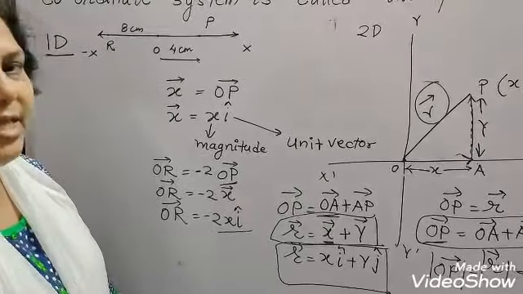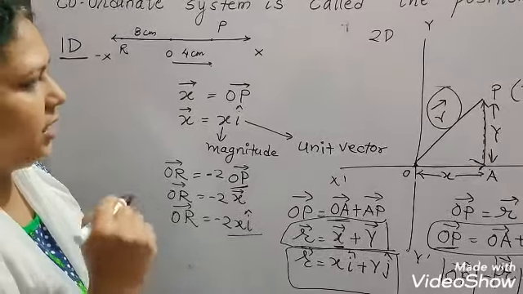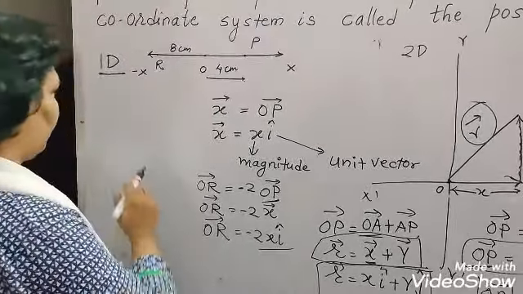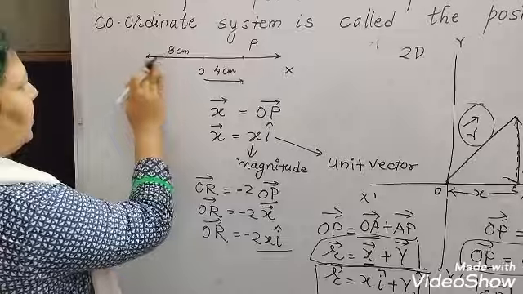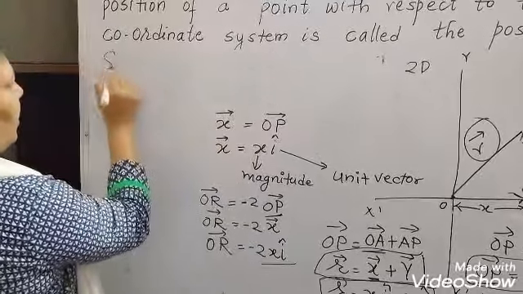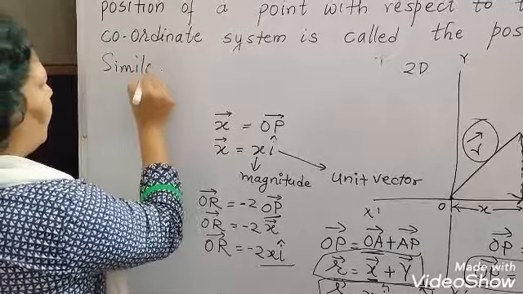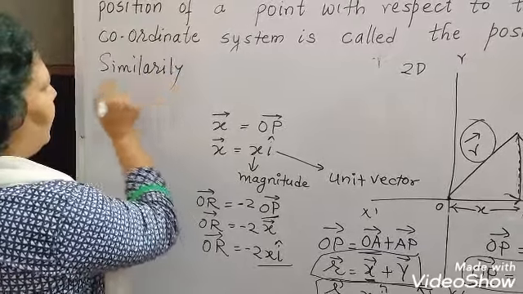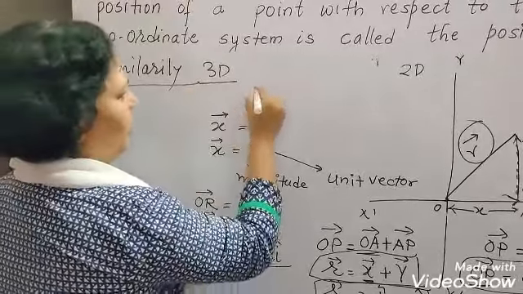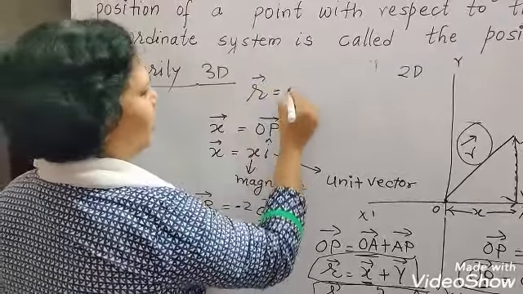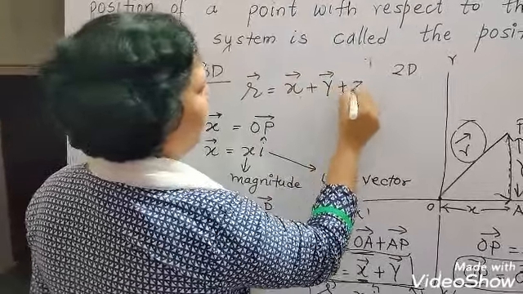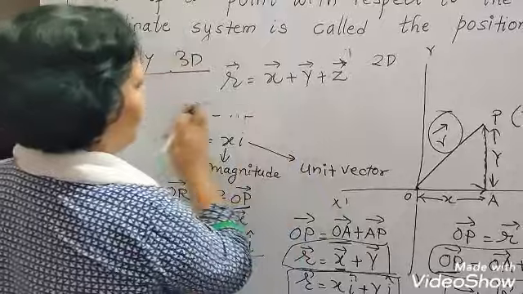Now we'll see what happens in 3 dimensions. Similarly, for 3 dimensions, the position vector R is represented as the X vector, Y vector and Z vector, the sum of these 3.